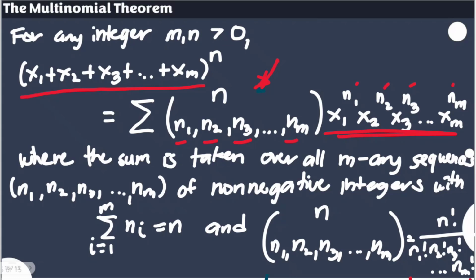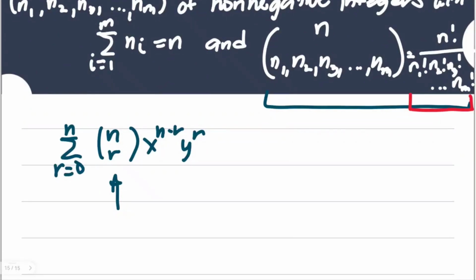But before we end, there is a note here. For the binomial theorem, the number of terms is n plus 1. So, for example, if the exponent is 20, we would be expecting 21 terms in the expansion.